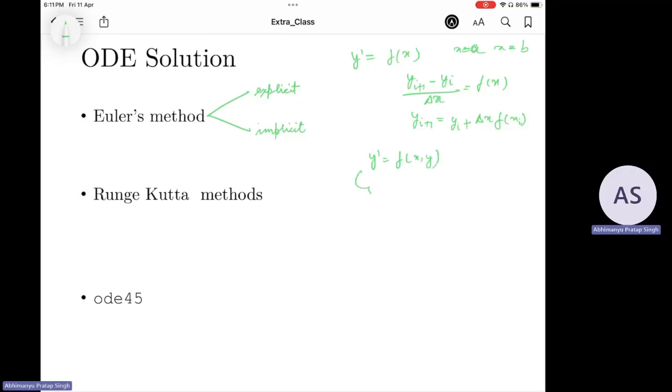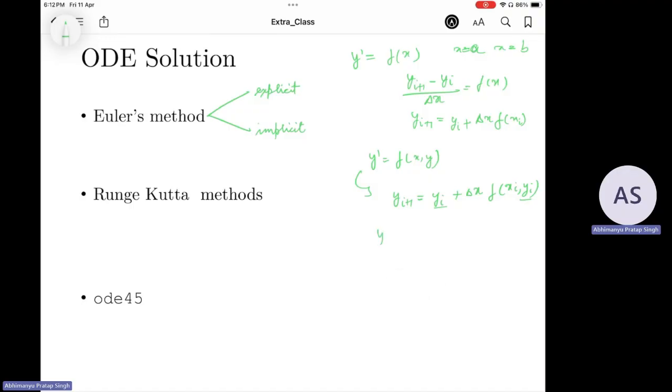So still in the explicit method, the solution remains the same: yi plus 1 is yi plus delta x f of xi, yi. So this yi and this yi are both from the previous time step. This means it is explicit, because the current yi plus 1 only depends on the previous x values and the previous y values, okay.